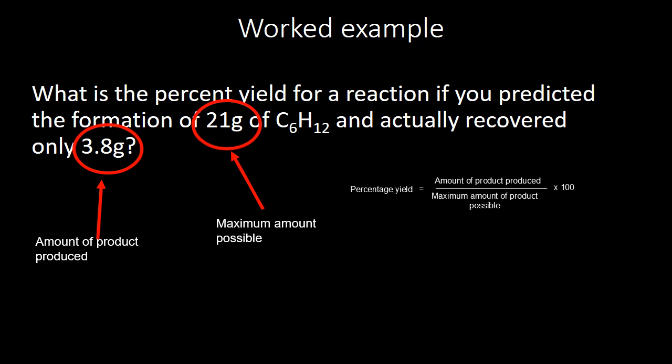Those are the two things that you always have to identify in your question. And then you just use that formula of amount of product produced, 3.8 grams, divided by maximum amount of product possible, 21 grams. Then you multiply it by 100. If you've done it correctly, in this case, you should get an answer of 18.1%. So this was quite straightforward.